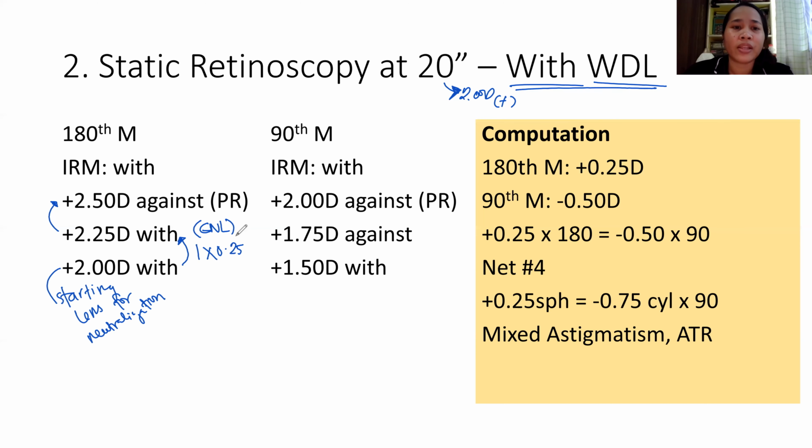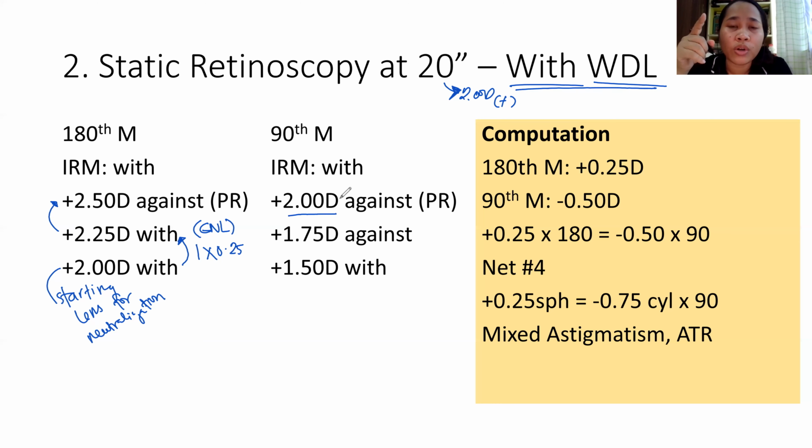Okay? So let's go to the 90th meridian. What happens in the 90th meridian is that the IRM is with, and again, we are working with WDL. So we started at plus 2. But when you introduce plus 2 in front of the patient, the movement is against. So it's in the point of reversal. So what are you going to do?